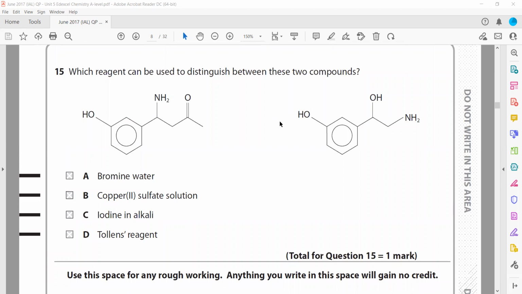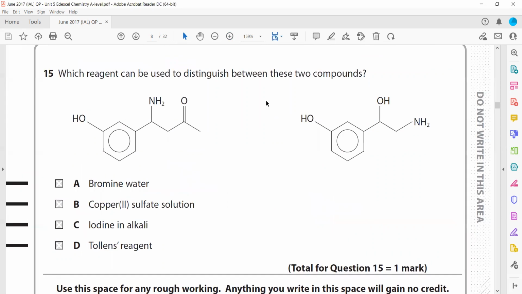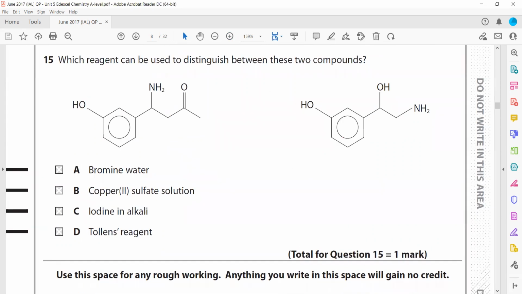Which reagent can be used to distinguish between two of these compounds? So we have to identify the functional groups here, what groups are different. Bromine water, if I carry out a bromine water test, it cannot be the bromine water test, because... then copper(II) sulfate solution, both will give a precipitate.